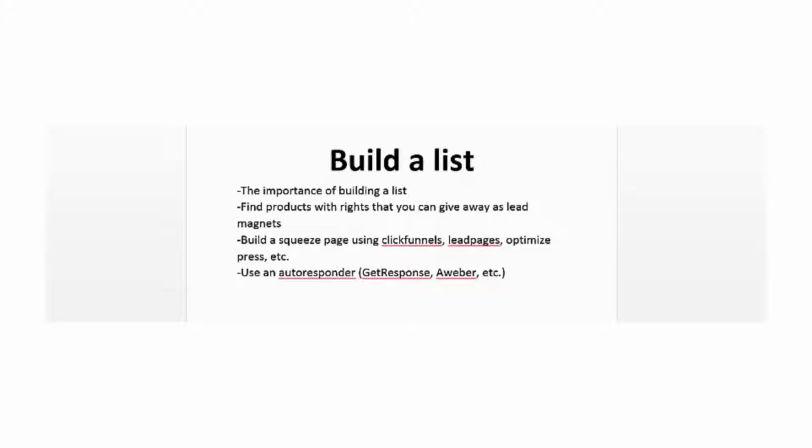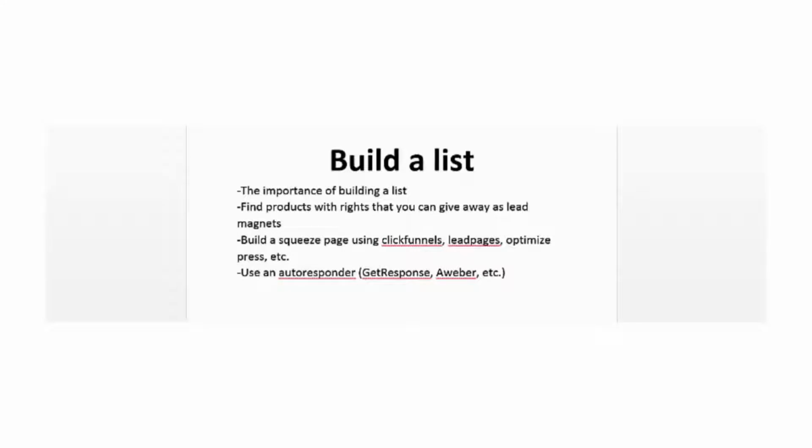Those are the main ones, or at least the top of my head. And I'm sure there's a lot of other tools that are cheaper, but these three tools are probably one of the most expensive. Actually, I'm not sure about Optimize Press, but I know with ClickFunnels and Lead Pages, they are pretty expensive. I use ClickFunnels, and it is very easy to build a professional looking squeeze page with ClickFunnels.